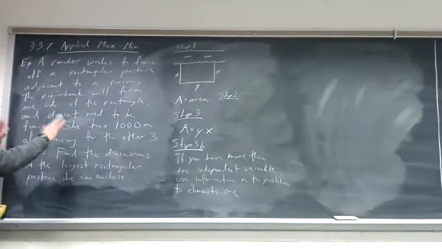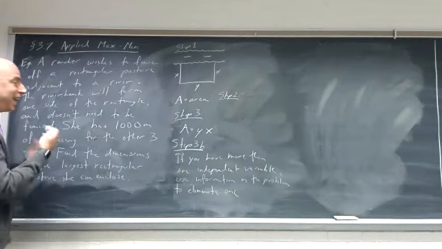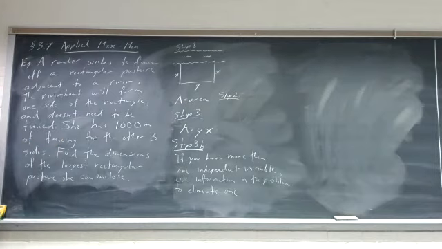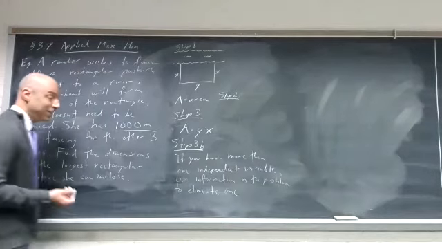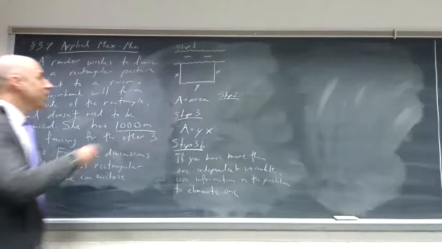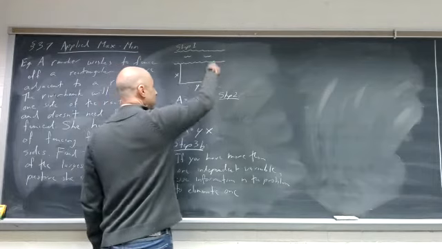What piece of information have we not used yet that connects x and y? We were given a piece of information in the problem that connects x and y. We haven't used it yet. Is it the 1,000 meters of fencing? Yes, 1,000 meters of fencing. That's as much fencing as we have. So this plus this is 1,000.